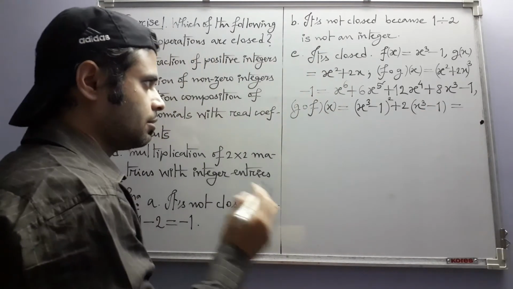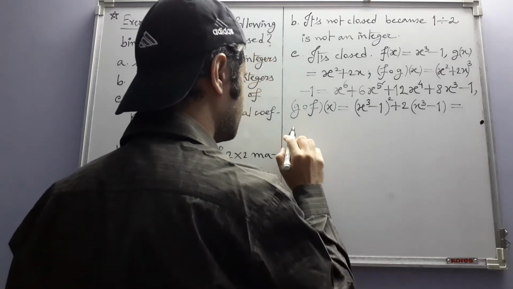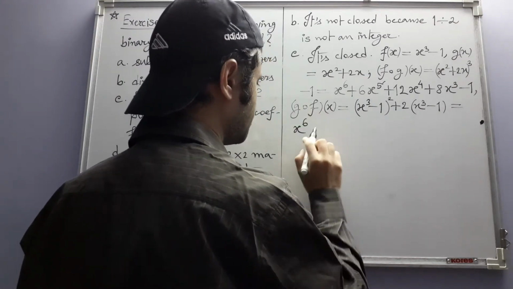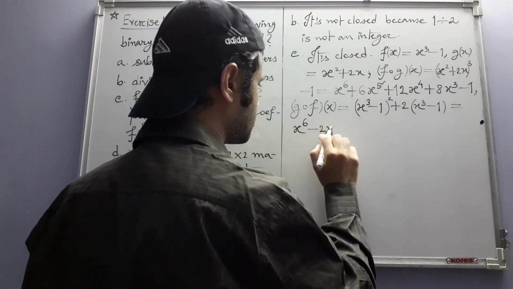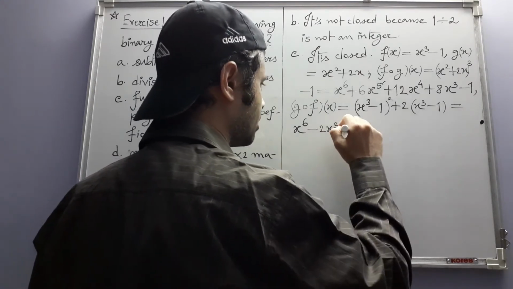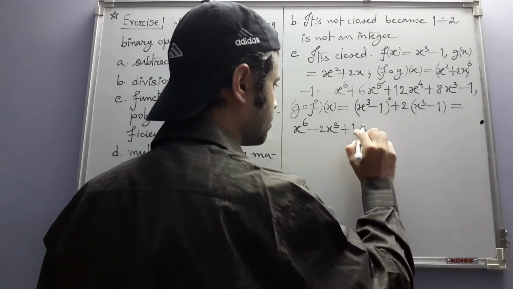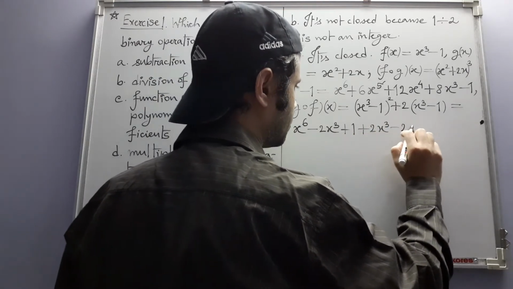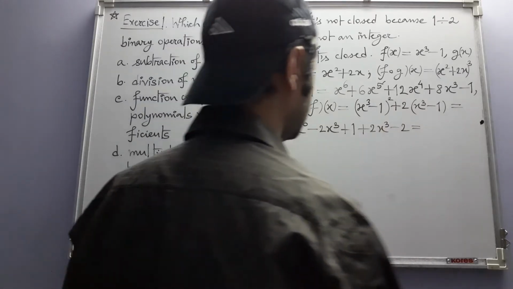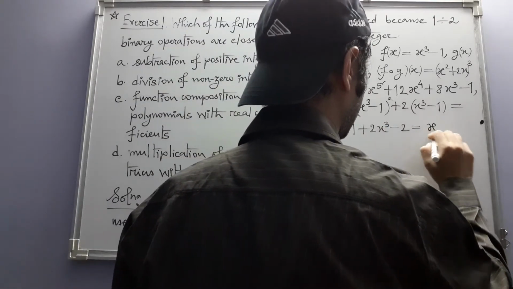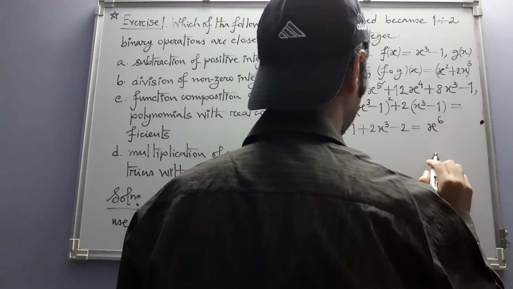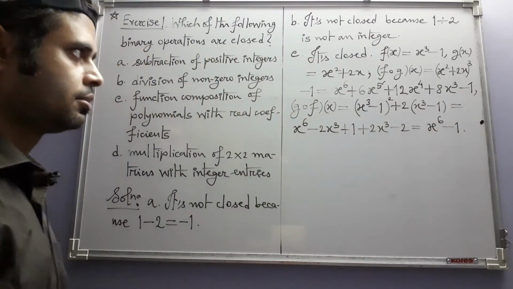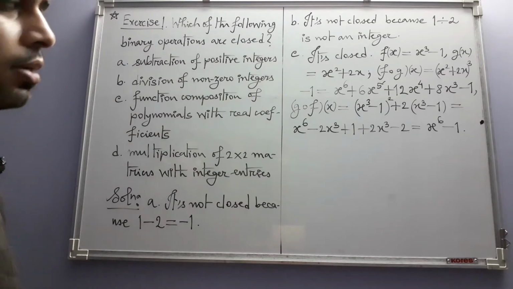Here also we can expand. Doing so, we will get x to the power 6 minus 2x cube plus 1 plus 2x cube minus 2. So this gives us x to the power 6 minus 1. So we end up having a polynomial.